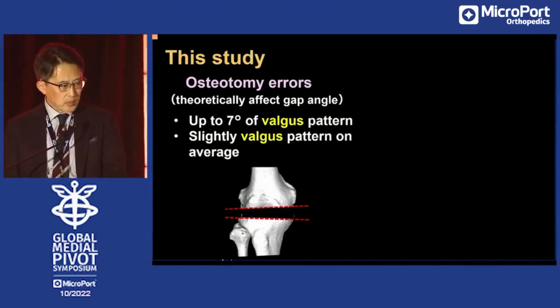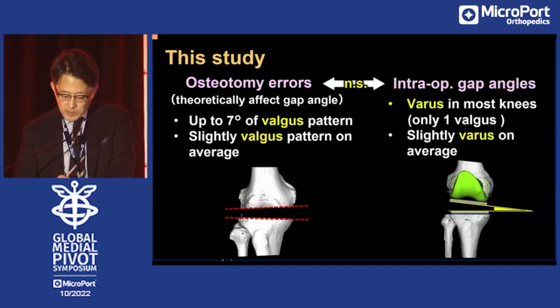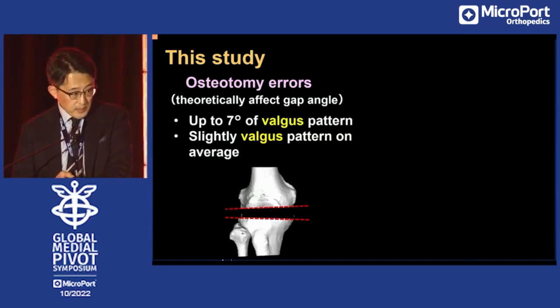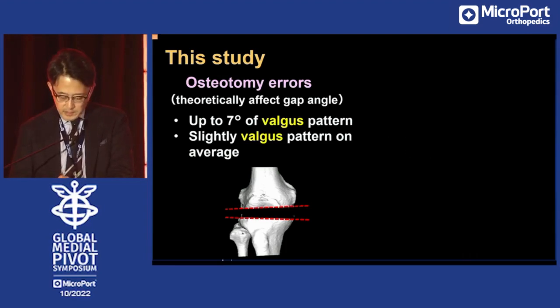In this study, the osteotomy error, which theoretically affects gap angle, even showed up to 7 degrees of valgus gap pattern, and slightly valgus gap pattern on average.